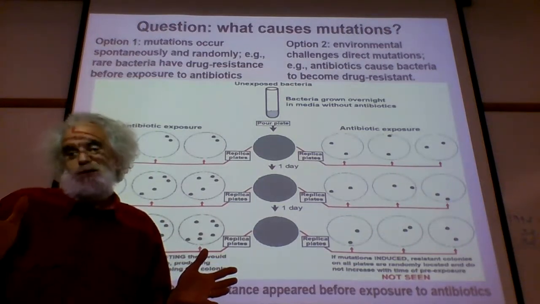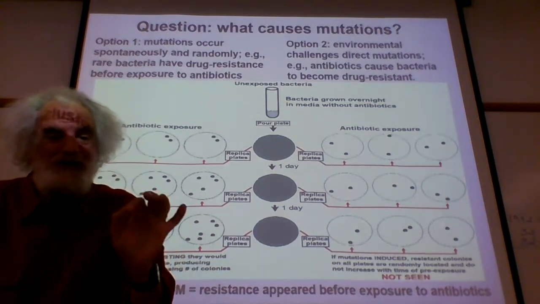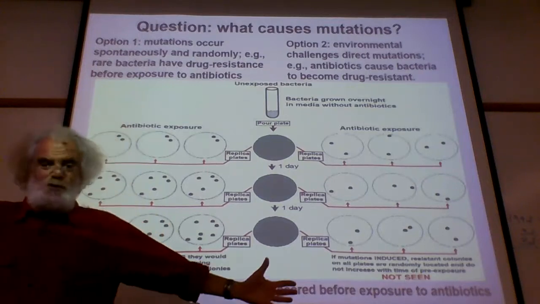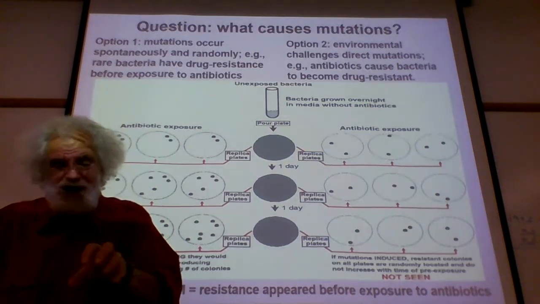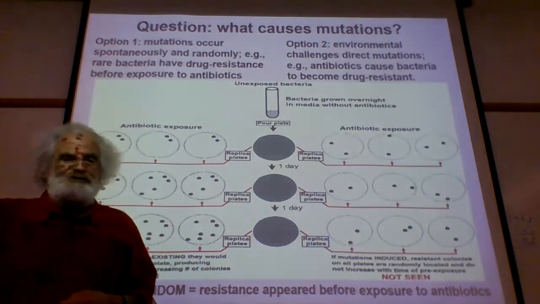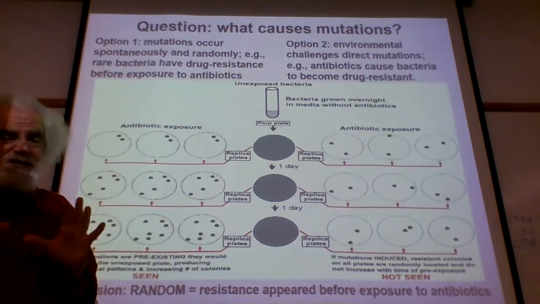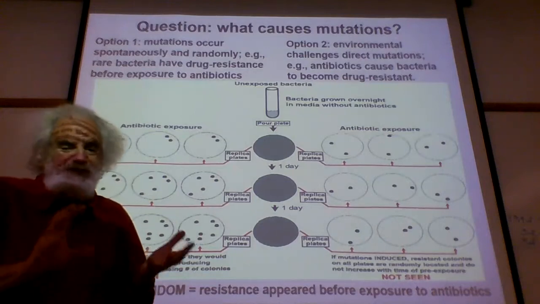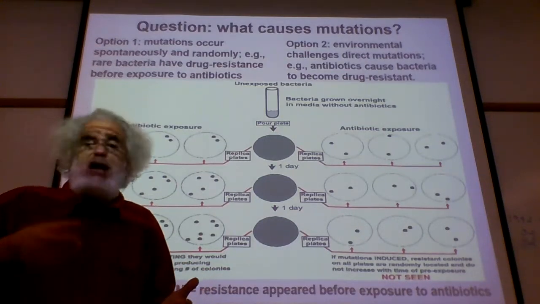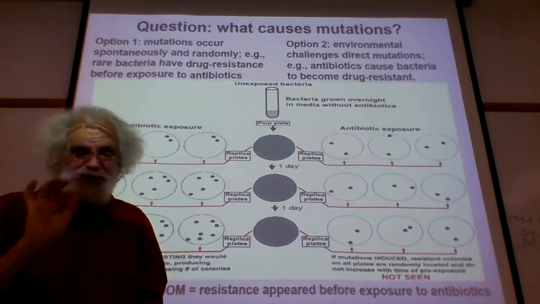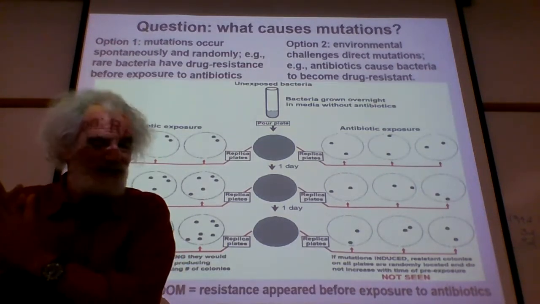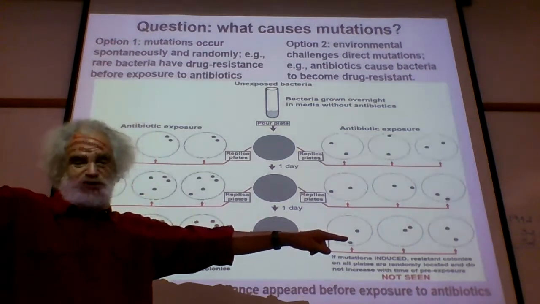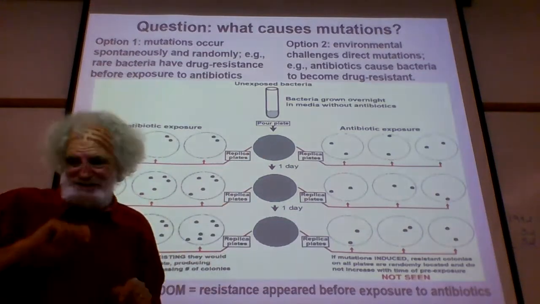In fact, it might have screwed you up a little bit. But once you're in the presence of that antibiotic, it is your time to shine, because you are set to thrive, and everybody else can't make it. Now, these are the exception, because most mutations are going to be deleterious. But occasionally, you can pick up a mutation that, under the appropriate environmental conditions, gives you a selective advantage over the rest of those poor suckers that didn't pick up the mutation.